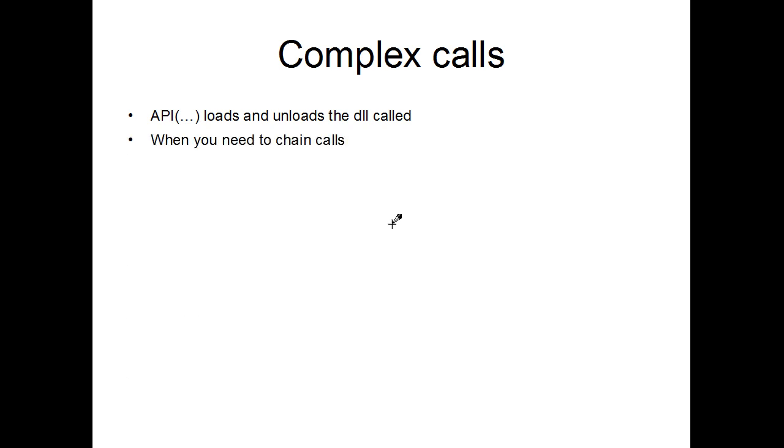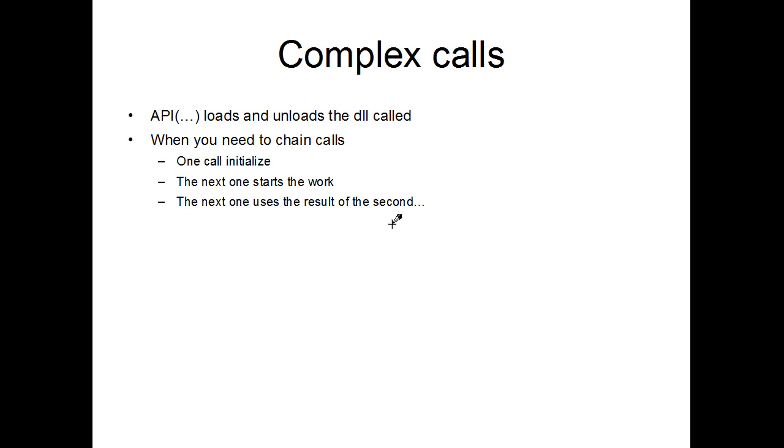Now, when you need to chain calls to one DLL, you have several calls to make one after the other. For example, one call is going to initialize the system, the next one is going to start the work, the third one is going to use the result of the second, and so on and so forth.